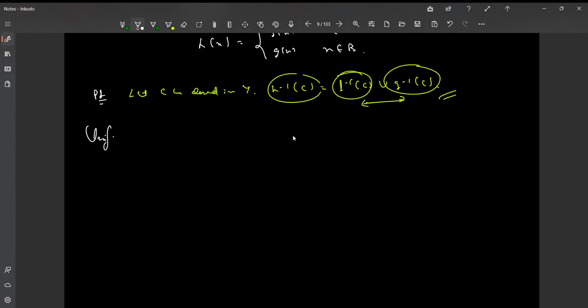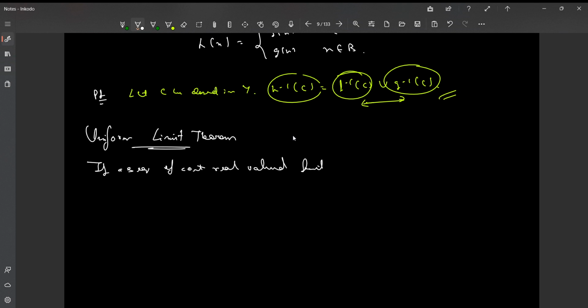And one more important theorem related to this is what we call the uniform limit theorem. What does it say?